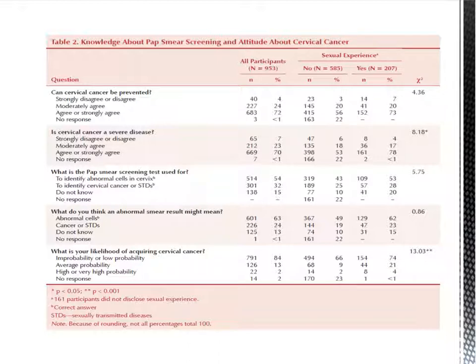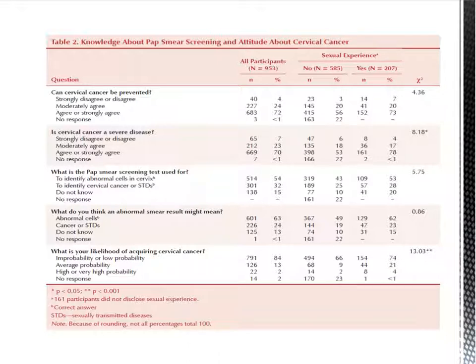The reason that percentages are used for the comparison is that the total number of women in each group is very different: 585 in the group with no sexual experience to 207 with such an experience.